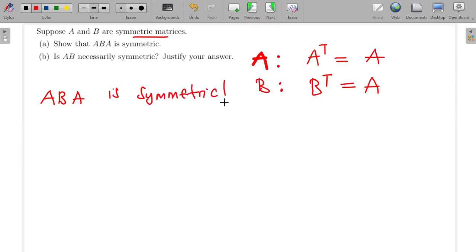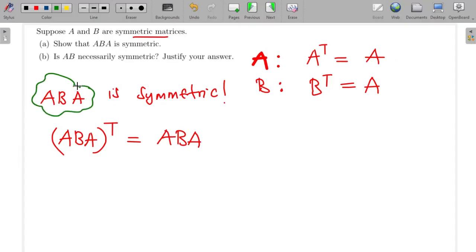So what do they mean here? They just want us to show that the transpose of ABA is equal to ABA. So if we wanted to show this, then we're going to conclude that this is actually symmetric. Now there's an important thing that you have to know here, and that is the transpose of a product.